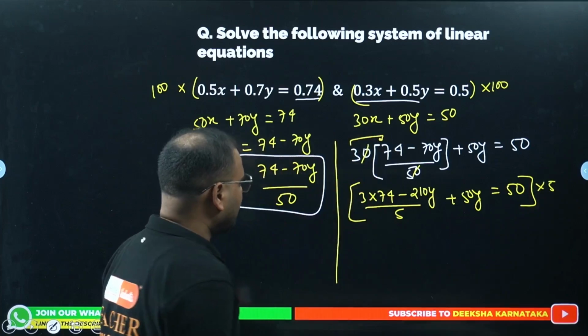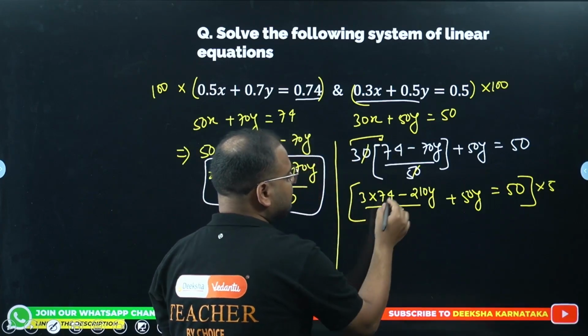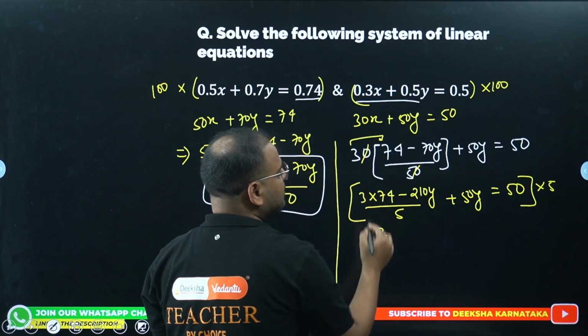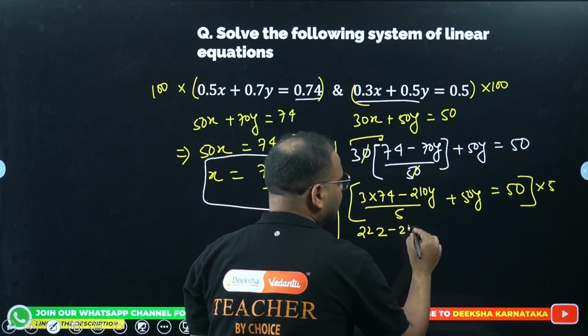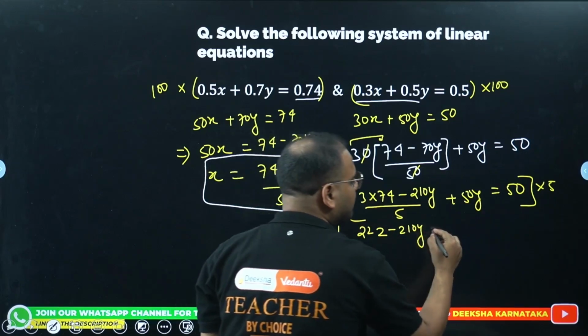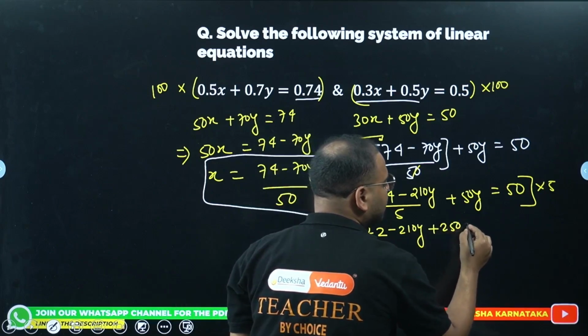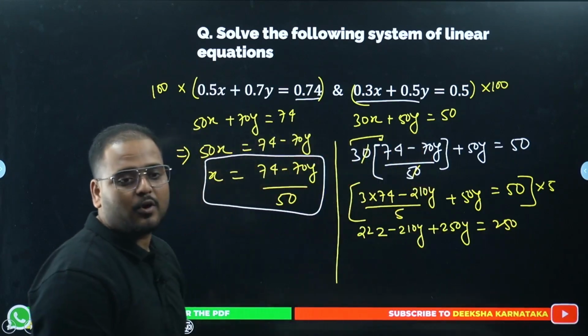What is this going to become? Check it out. 74 into 3: 4 3s are 12, 7 3s are 21, plus 1, 222, minus 210y. Multiplying 5 with this 5 will get cancelled. This will become 215y. This will be 250. Variables on one side, constants on one side.